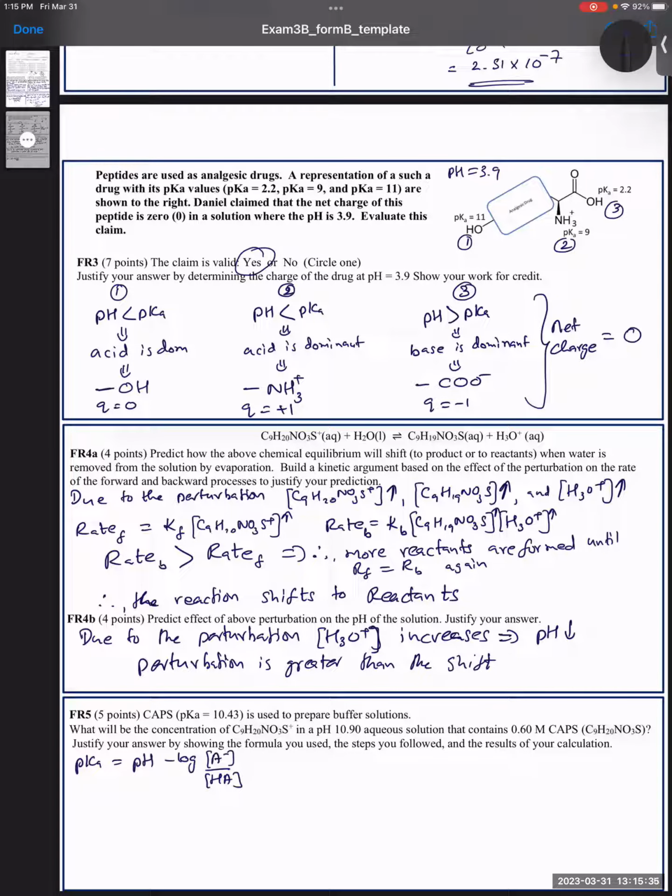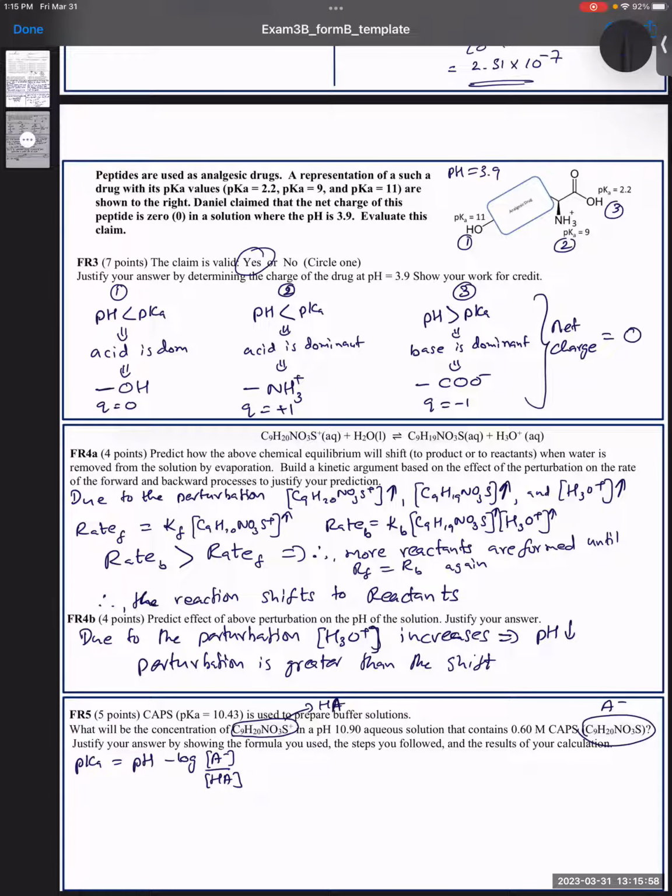So in this case, our acid is this. This is our weak acid in this equation, and then this is our conjugate base. Okay, so we need to identify those now.